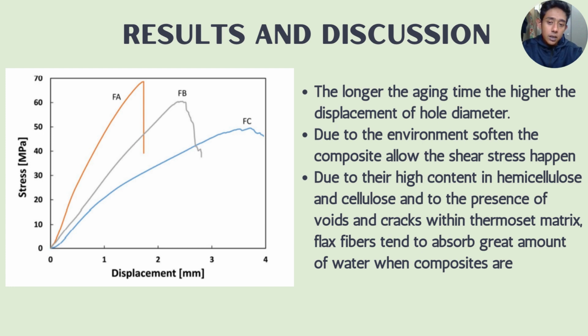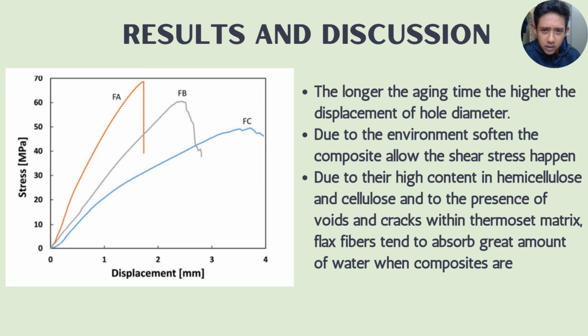Next, you can see from the figure three different plots on the stress displacement graph, where FA represents zero aging days, FB is 30 days of aging time, and FC is 60 days of aging time. We can see from the pattern of the graph that FA can withstand higher stress compared to the 30 days and 60 days.